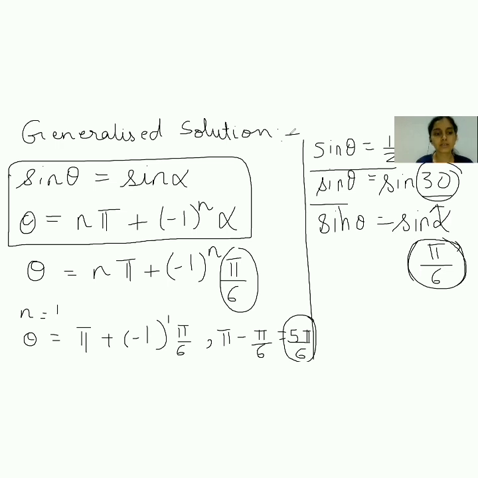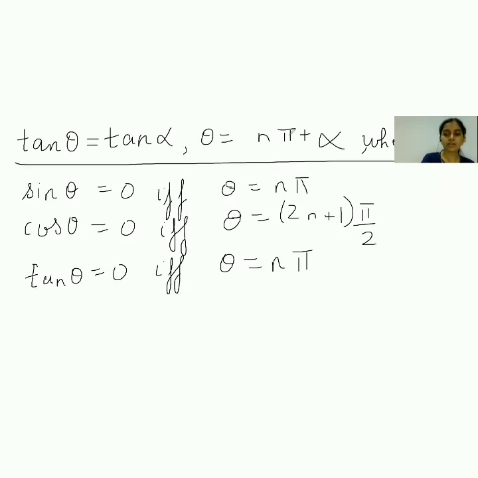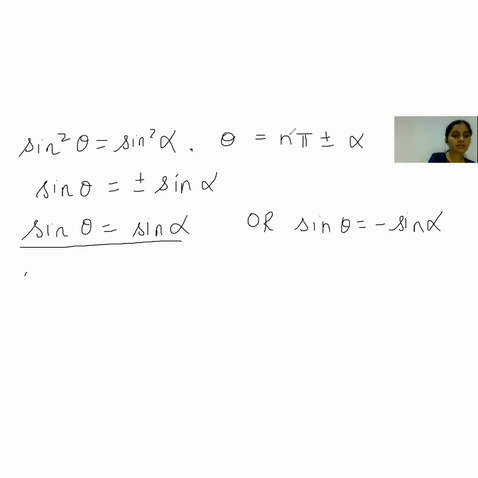So what is the generalized solution for this? It is theta equal to n pi plus (minus 1) raised to n alpha, right? Now in this case, sine theta is minus sine alpha.